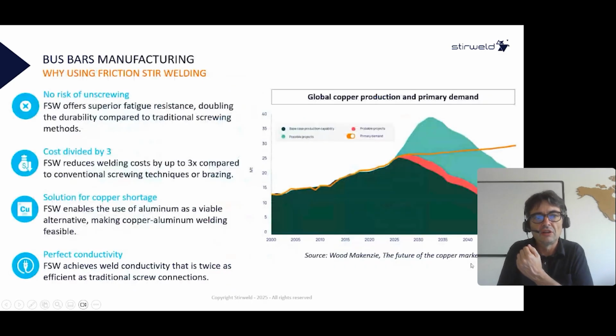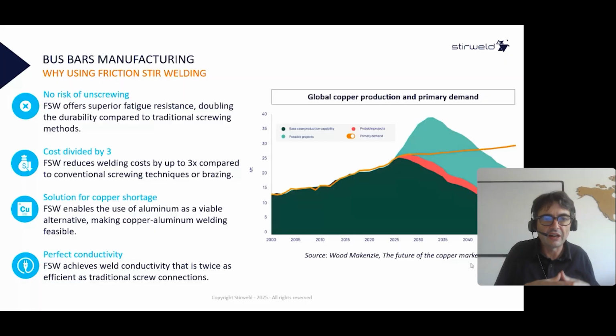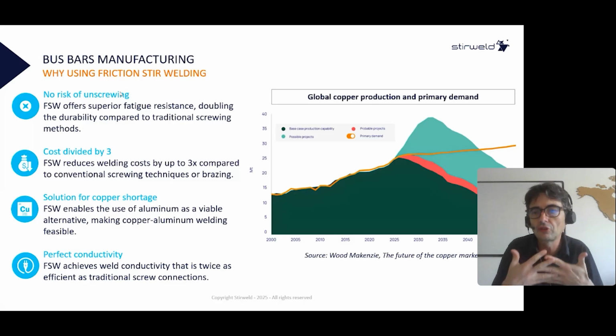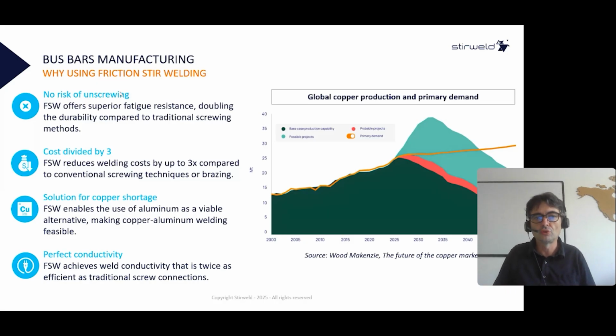And now, what are the existing pain points for bus bar manufacturers? Generally, there are 4 main pain points. The first pain point is the risk of unscrewing. As you know, the most common process to assemble bus bar is screwing. The problem is the risk of unscrewing, mainly if you have vibration in your application.